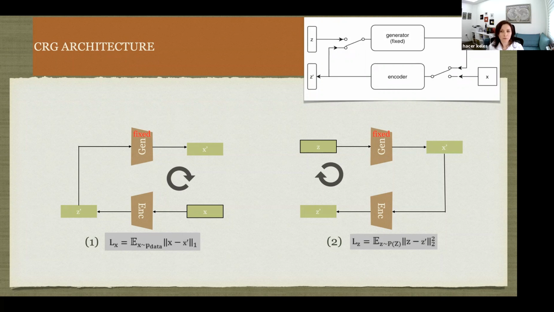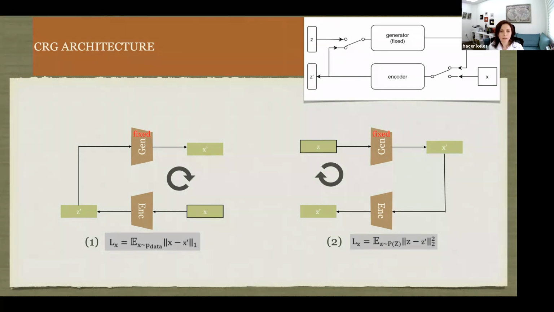So in the first loop, X is embedded in the latent space using our encoder, and the embedded vector is represented as Z prime here. And then Z prime is used to reconstruct the image X, represented as X prime. And we minimize the L1 distance between the real image and reconstructed image as shown in the figure below.